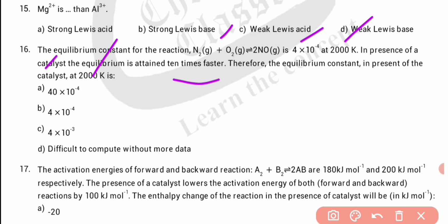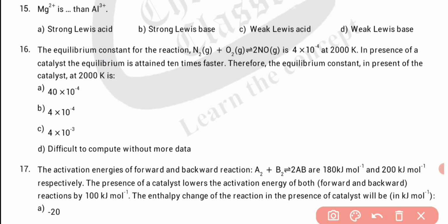Here the question arises: does the equilibrium constant depend upon the catalyst? The answer is no. The value of the equilibrium constant depends only upon temperature. Here the temperature remains constant, so the equilibrium constant does not change. So the value has to be 4 into 10 power minus 4. B is the correct option.